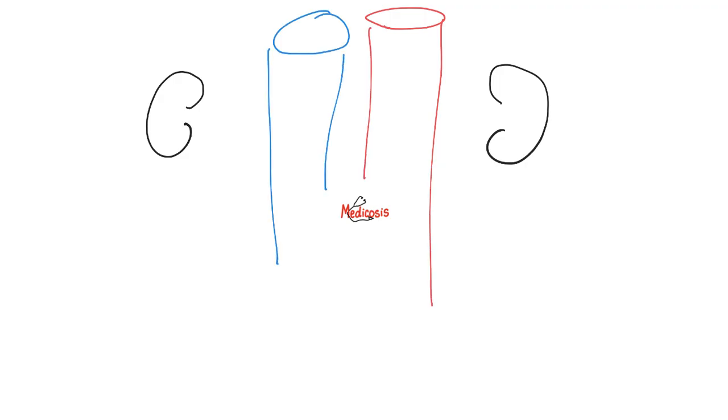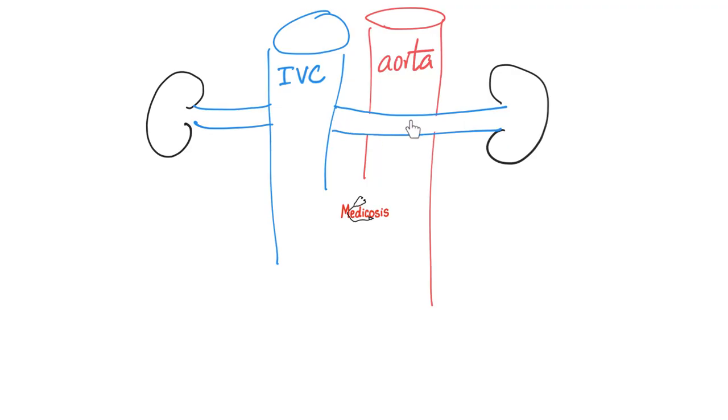Here we have the two kidneys. You have the abdominal aorta to the left, and you have the inferior vena cava to the right. The inferior vena cava will give us the left renal vein and the right renal vein. Notice that the left renal vein is longer.